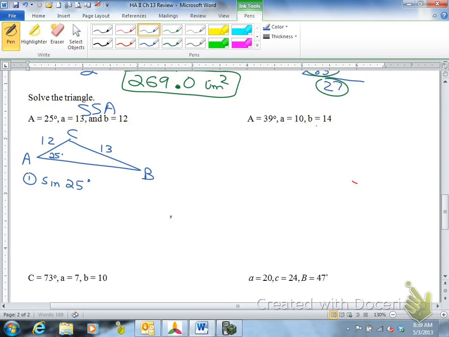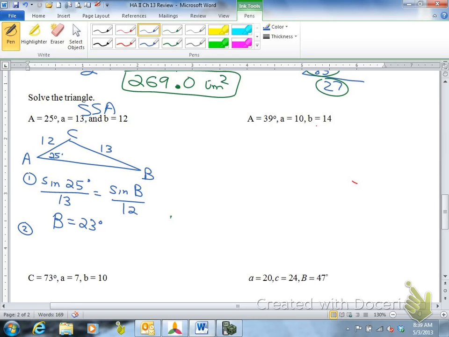So sine of 25 over 13 equals sine of B over 12. And what do you get for angle B? 23 degrees? And then you could solve for side c.